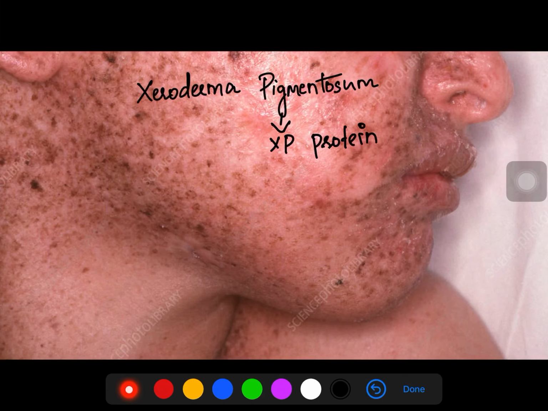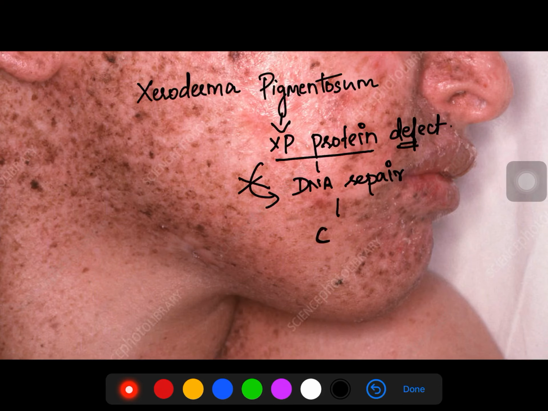The XP protein is very essential for the proper functioning of the DNA repair mechanism. Since this protein is defective, the DNA repair will not occur properly, and hence the uracil formed will not be corrected back to cytosine.